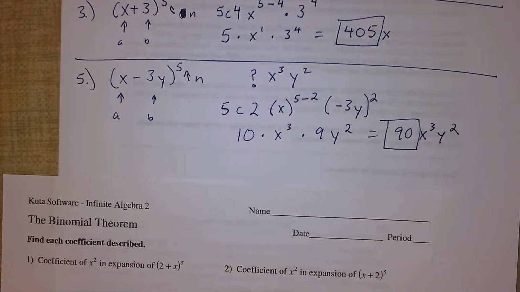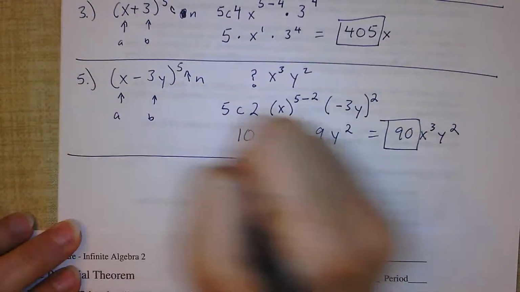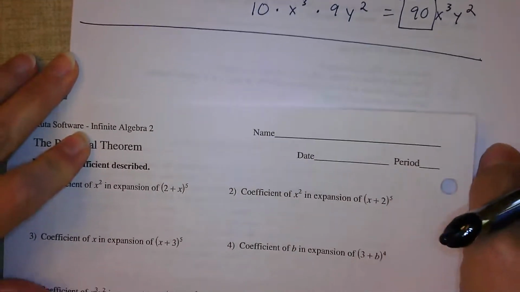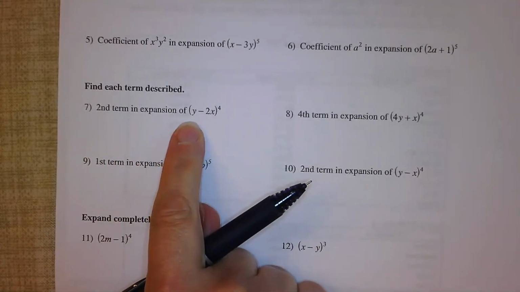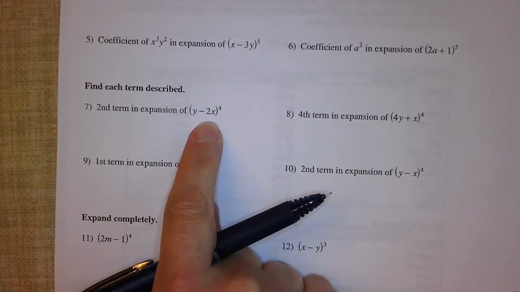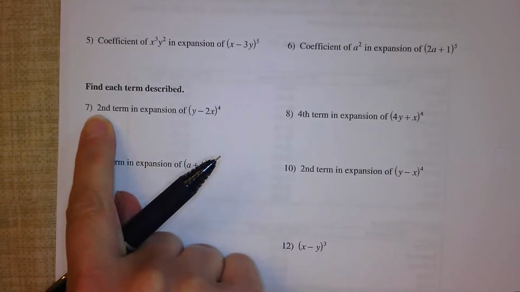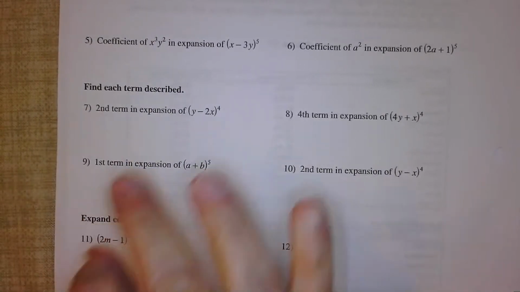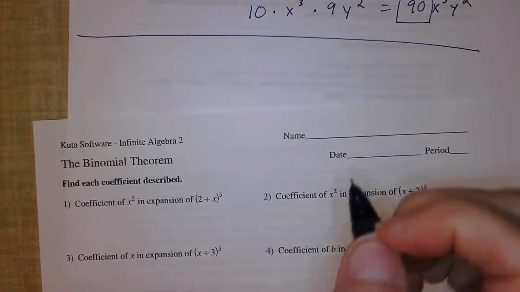Number 7 is a little bit of a different problem than 1, 3, and 5. Number 7 says, find the second term in the expansion of y minus 2x to the fourth. Now, I want to point something out. In the video you will have watched previously, they didn't treat the true second term as r equals 2. So let me just make some notes here.